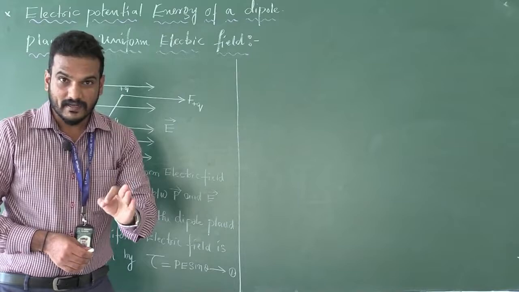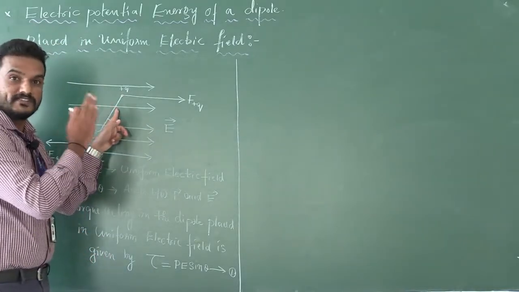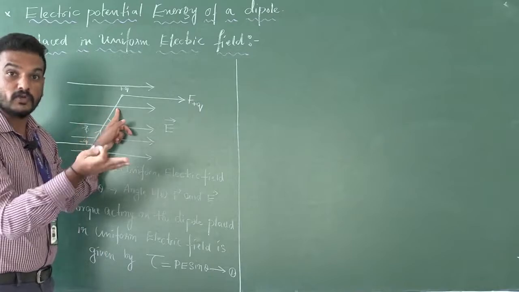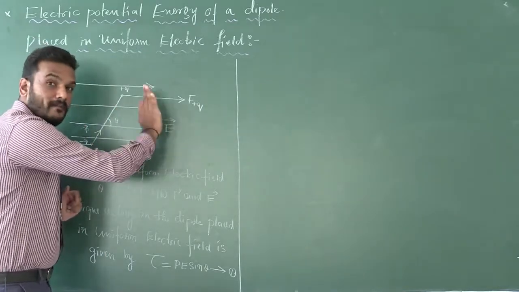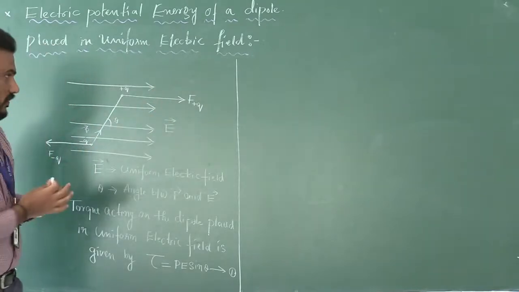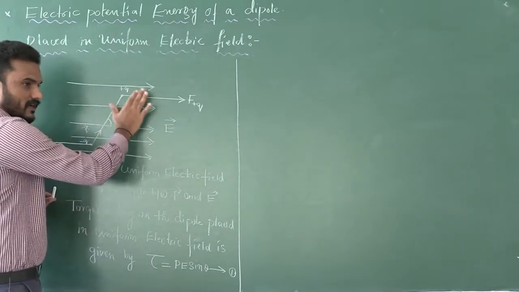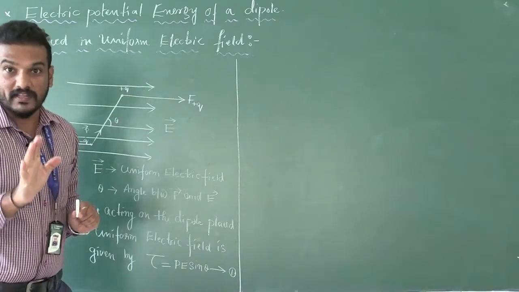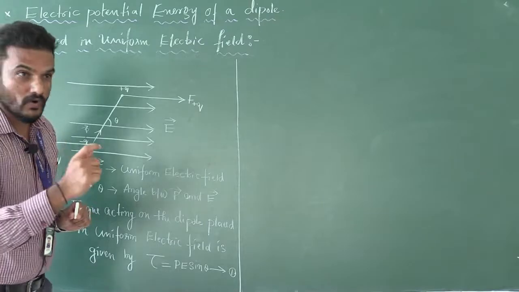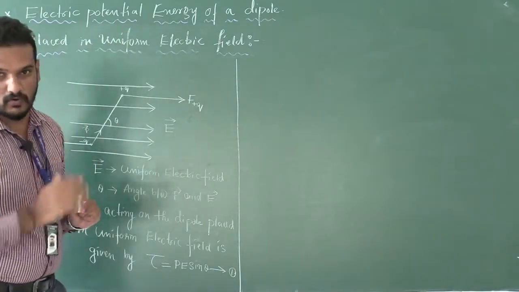It is the work done in rotating the dipole from zero energy position to any desired position in the uniform electric field. So in order to rotate this dipole in the uniform electric field, we require some amount of work done. That work done is stored in the form of potential energy in the dipole.